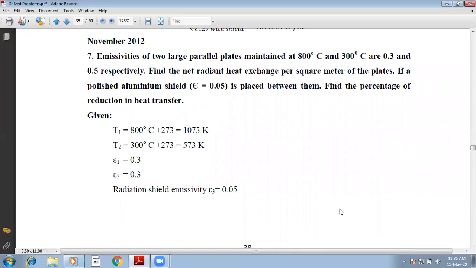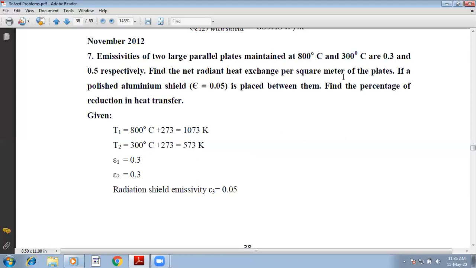Emissivities of two large parallel plates maintained at 800 degrees Celsius and 300 degrees Celsius are 0.3 and 0.5 respectively. Find the net radiant heat exchange per square meter of the plates. So in this case, he has given per square meter of the plates.